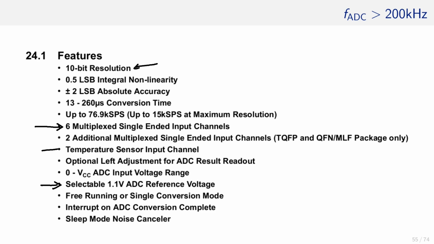And we have the sampling rate mentioned. However, there's a huge difference between our maximum of 15 kilosamples per second and the one shown here, 76.9 kilosamples per second. In the brackets behind that, it is stated up to 15 kilosamples per second at maximum resolution, which is precisely what we computed earlier.